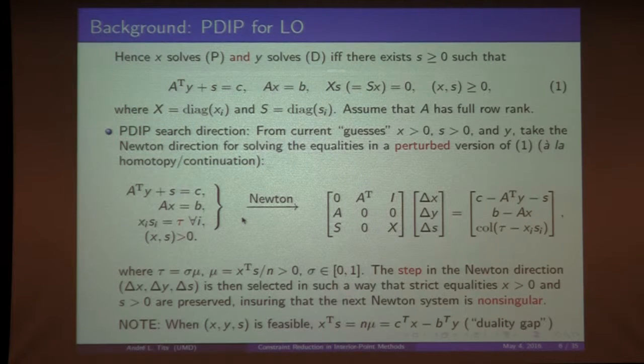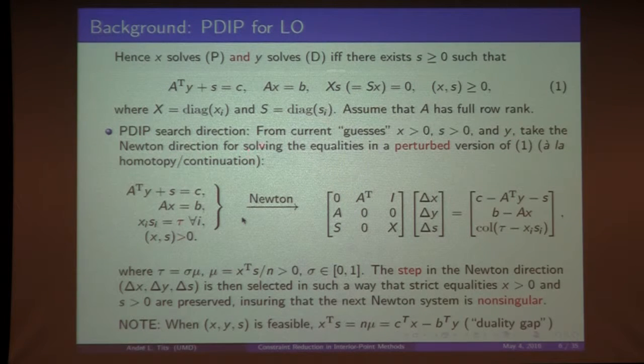Now, this talk is about so-called interior point methods, in fact, primal dual interior point methods. One way to think about those methods is starting from this and starting from current guesses, which are strictly positive x and s, the components are strictly positive, for reasons that I will point out in a minute, and some y, so initial guesses.